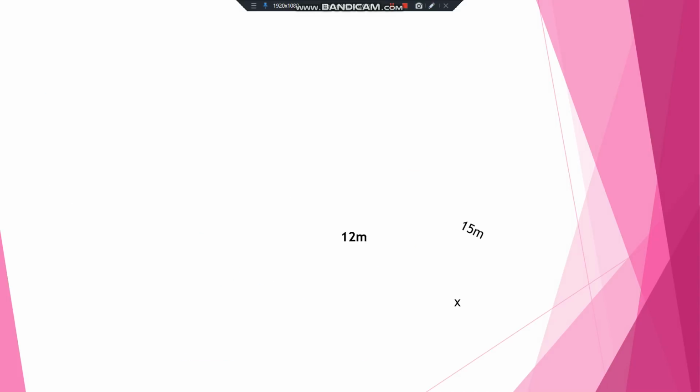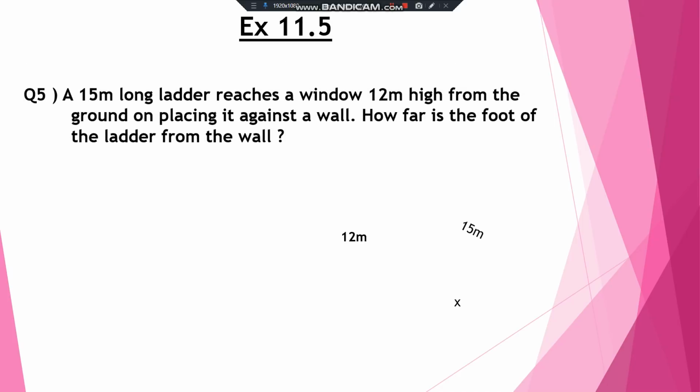Now open exercise 11.5 of your book. Open your books and look at question number 5. The question says a 15-meter long ladder reaches a window 12-meter high from the ground on placing it against a wall.